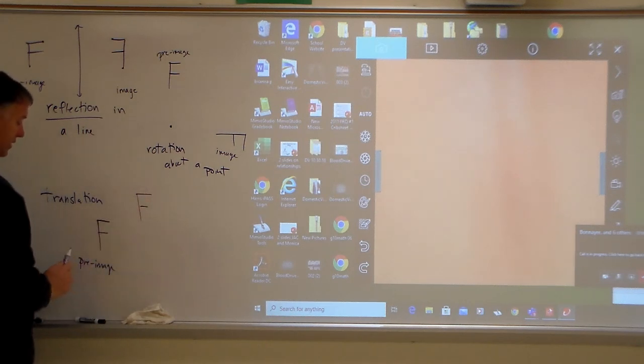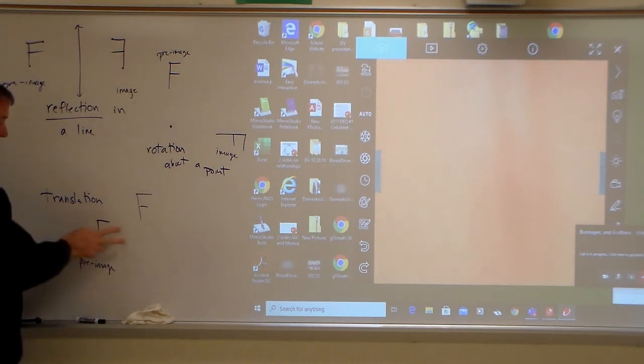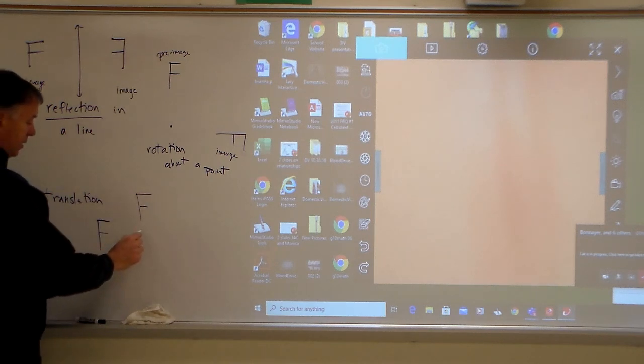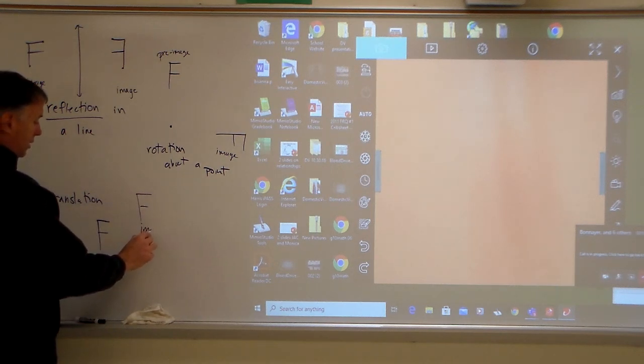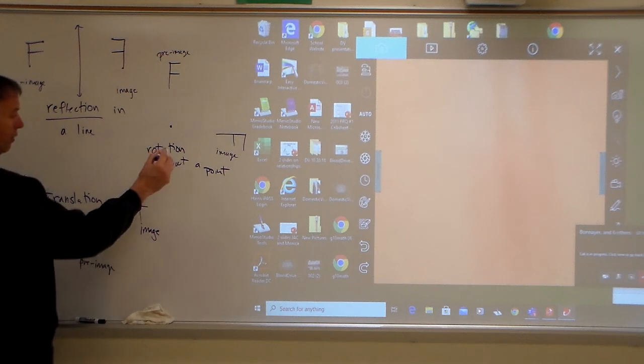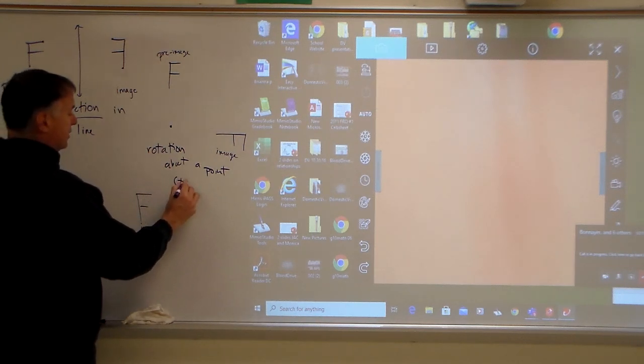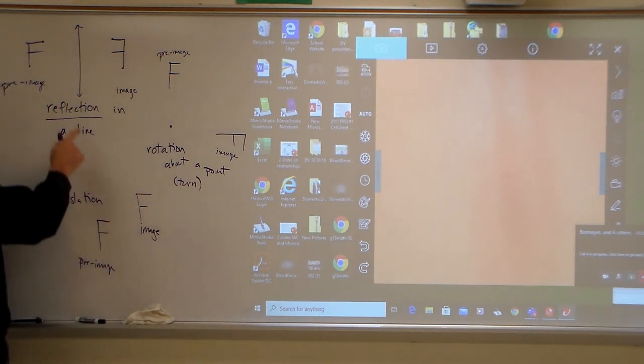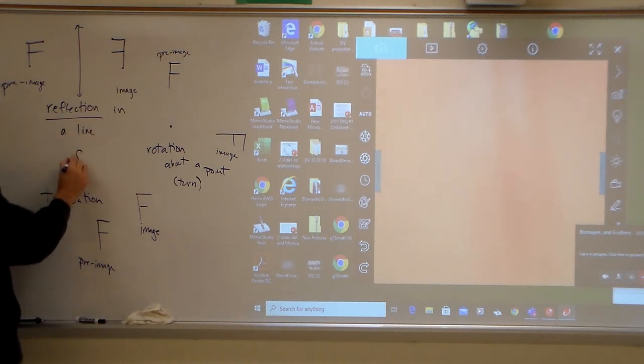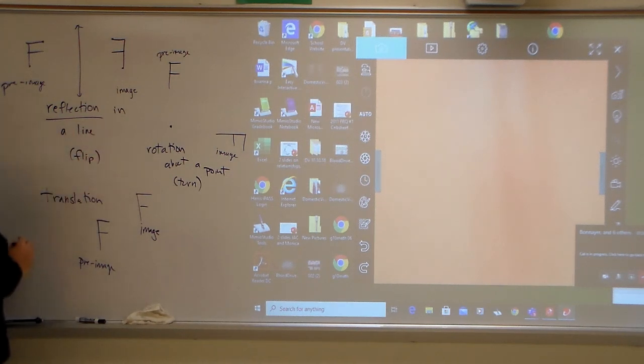With a translation, you could take this and you could slide it, and this is your image. So another name for a rotation is a turn. Another name for a reflection is a flip, and another word for a translation is a slide. It kind of describes what's happening there.